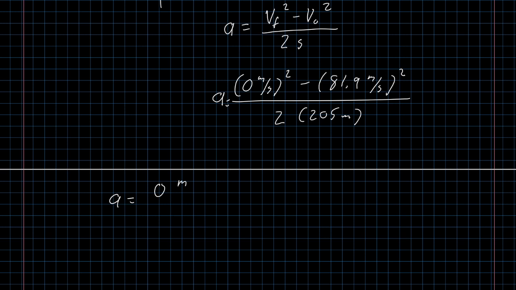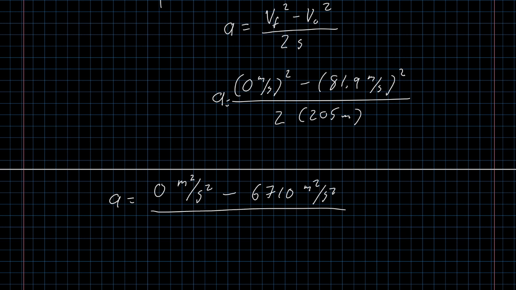Meters per second squared is meters squared per second squared. 81.9 squared, round to 3 significant digits, is 6,710 meters squared per second squared.